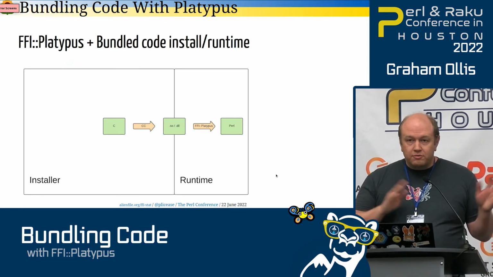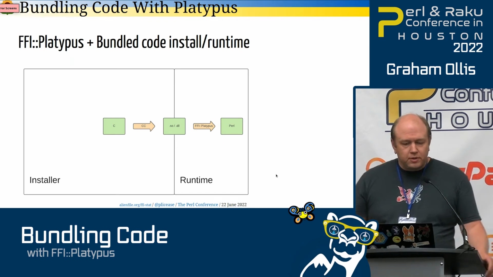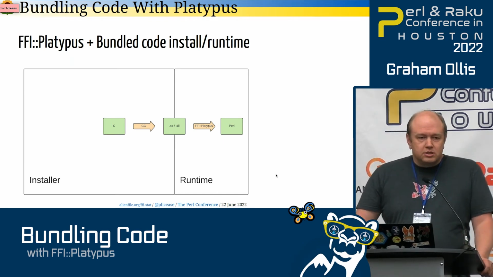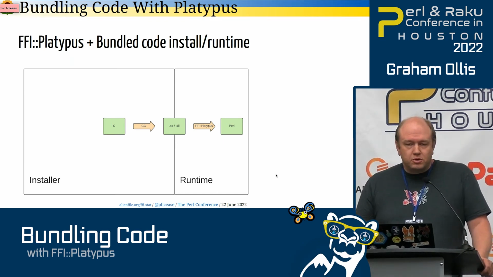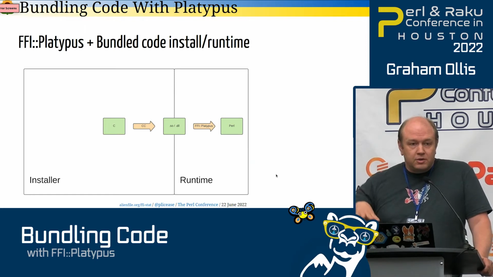But fast forward into the present, Platypus provides a capability to bundle C code, or Go or Rust, because we're modern, with your Perl module. So at install time, the C code gets compiled and linked into a dynamic library, which you can call at runtime using FFI::Platypus. And how did I use this?